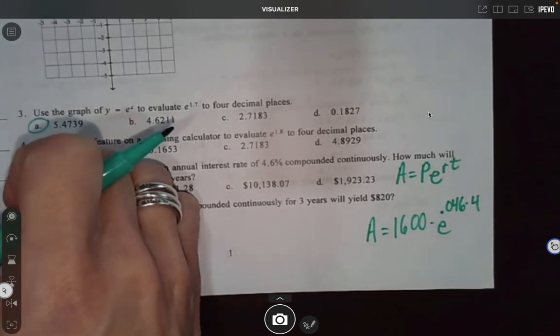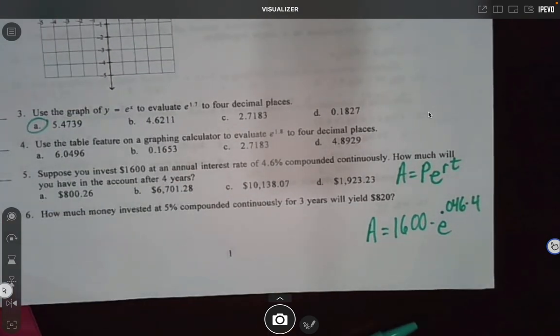I'll double check. Is that what we got last time? What number is this one? Number 5 is D. Yes. So last time, let me try and think. What did we do last time? I'm trying to think. 16,000.